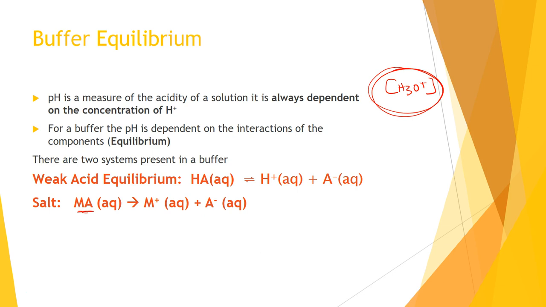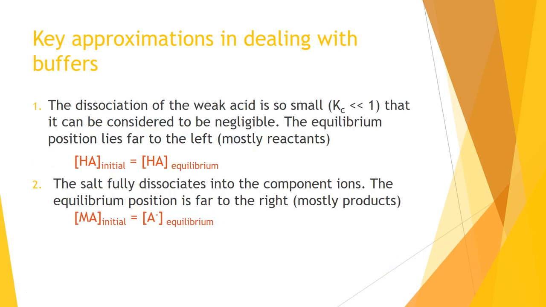Okay, so when we look at these, there's a couple of things that we need to think about when we're talking about approximations. This is that the dissociation of the weak acid, going from the HA into the H plus and A minus, is so small that it can be considered to be negligible.